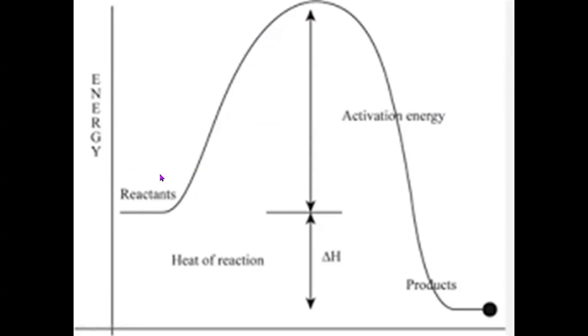So during collision, they will gain energy. And this is called heat of reaction, which is the difference in energy of reactants and product, which is generally given as E product minus E reactant.